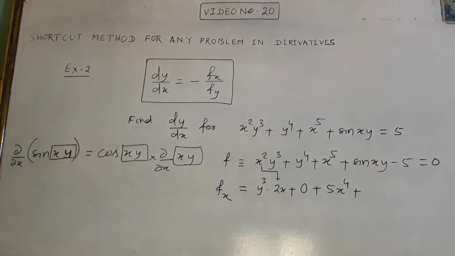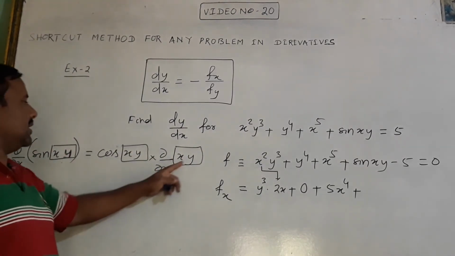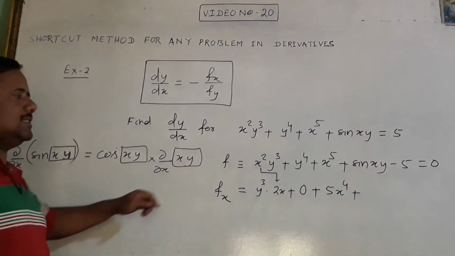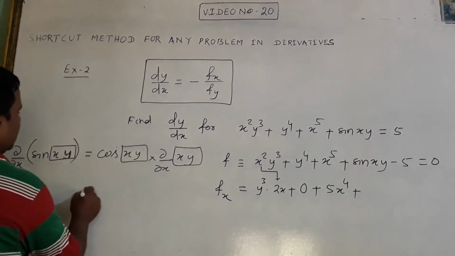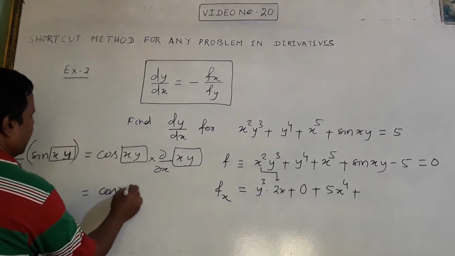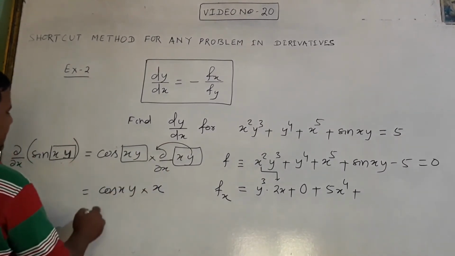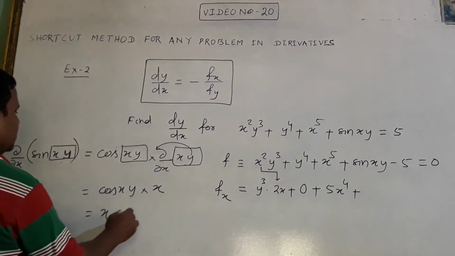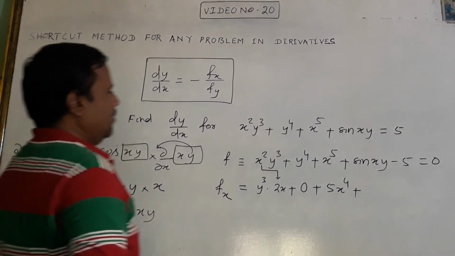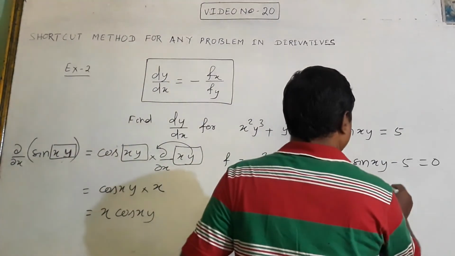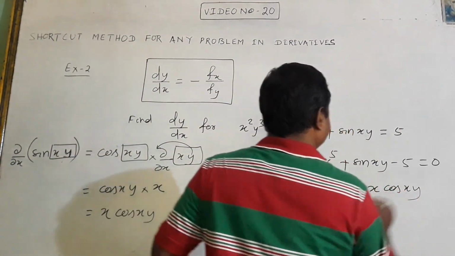Del by del x of this box is what? With respect to x, y is treated as constant. So it is cos xy into x, so it is x cos xy.